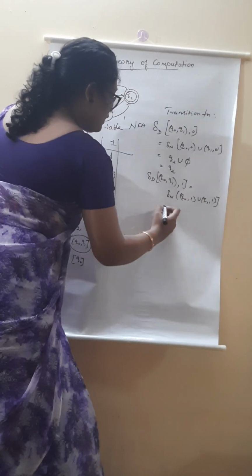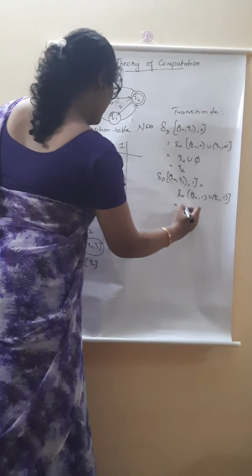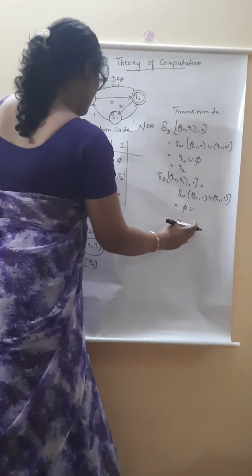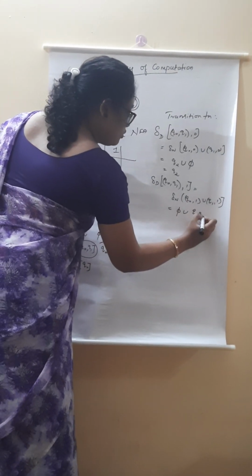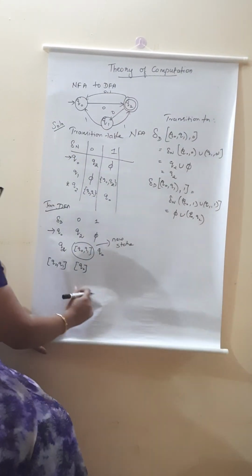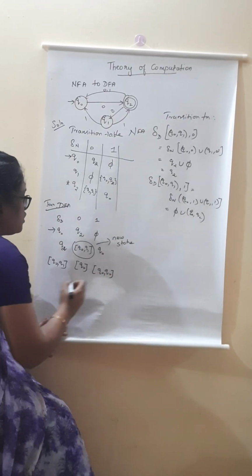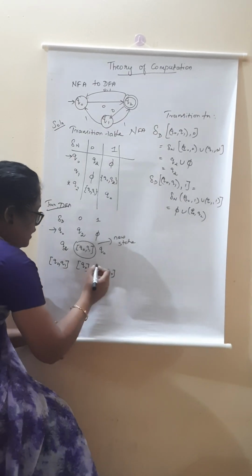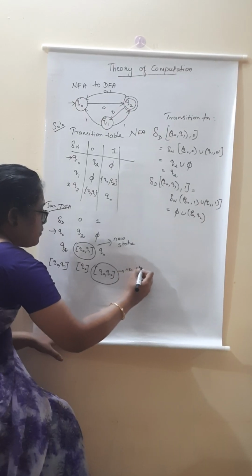So what will you be getting as the answer? Q0 comma 1 it is null, union Q1 comma 1 it is Q0 comma Q2. So finally you will be getting the answer as Q0 comma Q2. So now you have to include the new state. Q2 will be your new state.